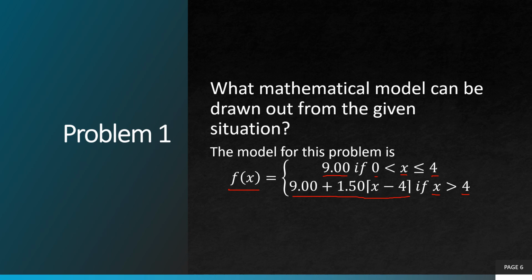You can also rewrite this in simplified form as 1.50 multiplied by the ceiling function of x plus 3. Those two are just similar. The latter is just the simplified form of this, but this answer is also considered correct because those two are equal.